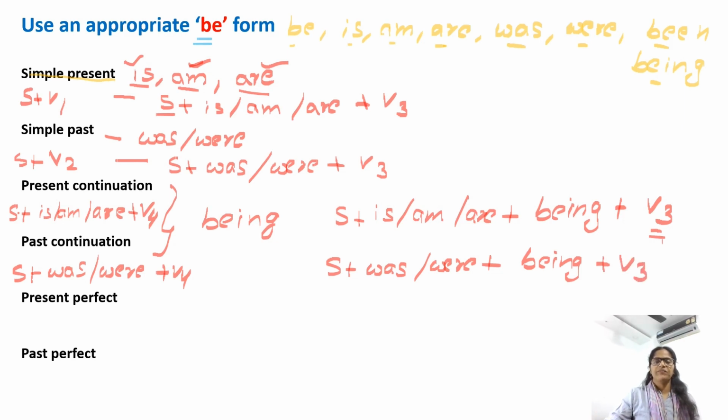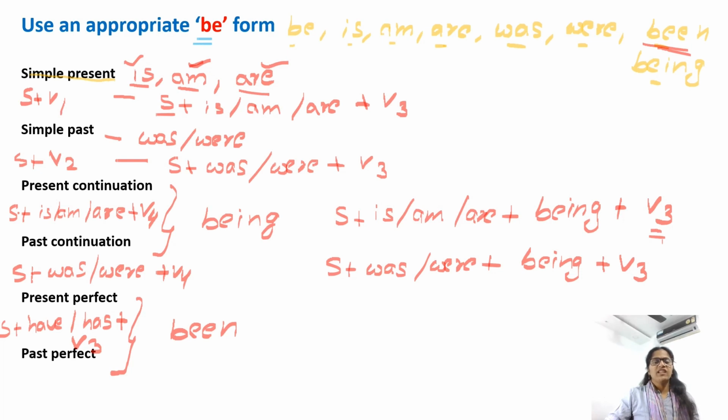Now, present perfect or past perfect. If the sentence in active voice is either in present perfect or past perfect, the extra be form we use is been. Let's see the structure of present perfect tense in active voice: subject plus have or has plus the V3 form of a verb.